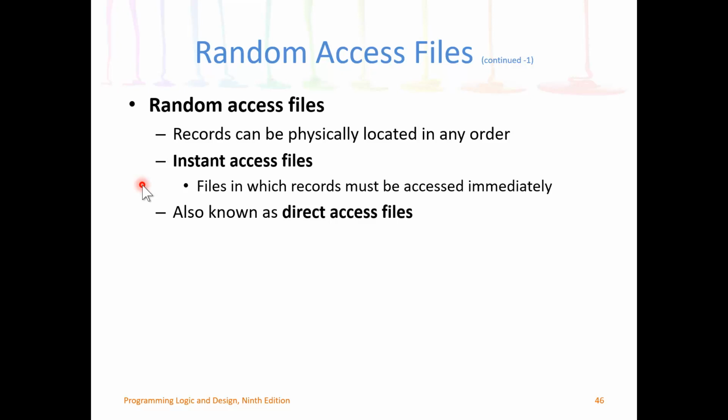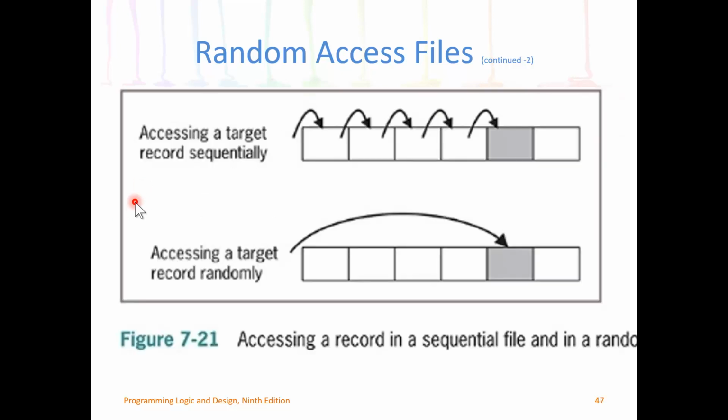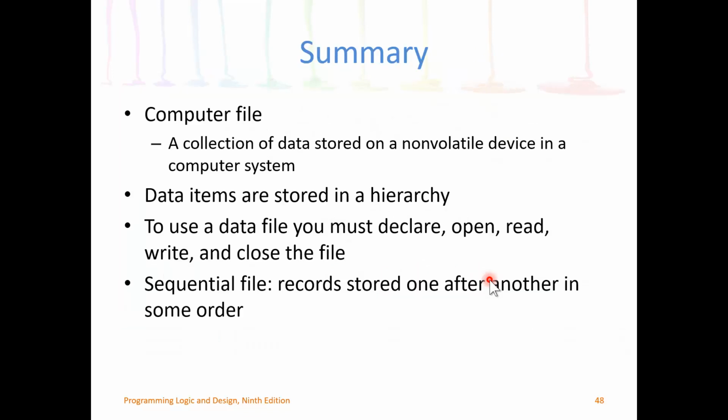You can jump straight to record number 1 million. That's also known as a direct access file, and that's beyond the scope of what we're going to do in our coding examples. So you can see here, to get to the 5th record with a sequential file, we have to read the first 4. To get to the 5th record with a random file, we can jump directly to record number 5.